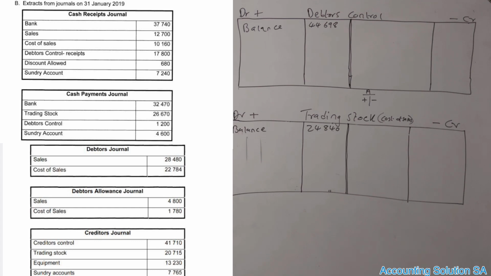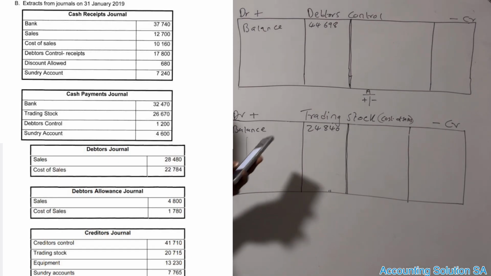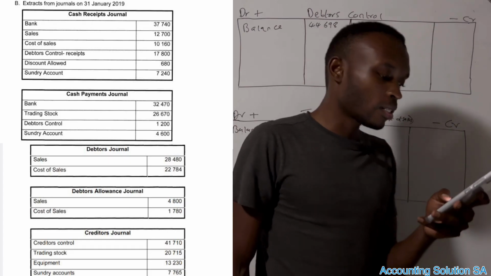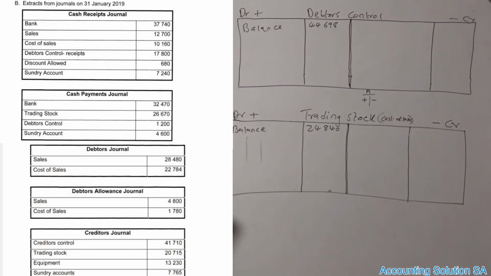Under cash receipts, we have sales to customers of 12,700, but that amount contains cash, and here we are talking about someone who purchased from us on credit. We have somebody who paid 17,000, debtors control receipt, because it's a cash receipt, which means that this is the money that we receive.